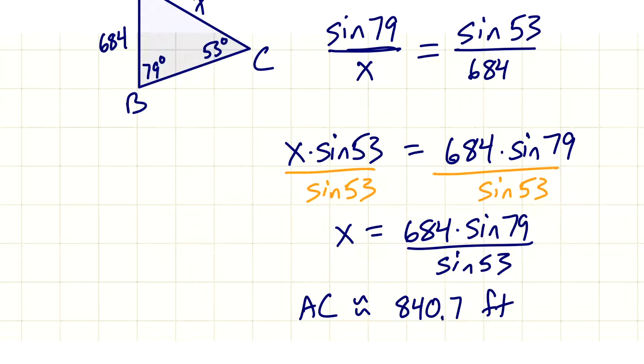If you round to 841, you would never know if you were really close to, was it 840.9, was it 840.5? Half a foot makes a difference. So you definitely want to be as accurate as possible when you're dealing with measurements. All right, so hopefully, did you get this correct?